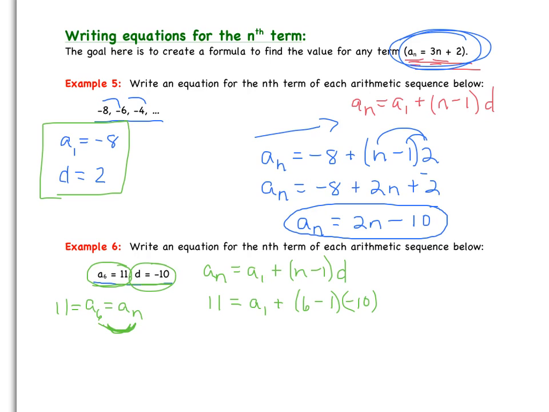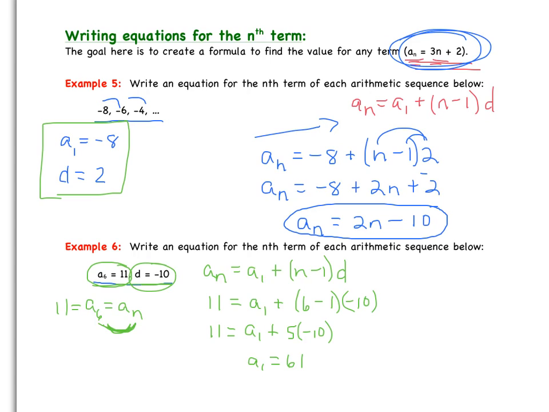So now I can solve for my first term and then turn around and use that to come up with our equation. So 11 is equal to our first term plus 5 times negative 10. That's negative 50. If I add the negative 50 to 11, I get our first term to be 61. Hopefully I don't have to go through all that work for that.